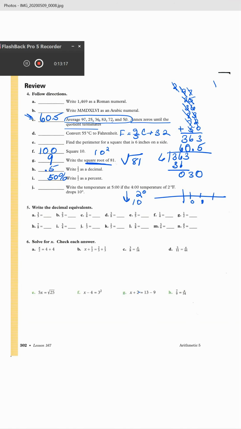So here's 1, here's 2, right? And then this is -1, -2, -3, -4, -5, and I'm going to go all the way to -8 because that's the answer. So if it drops 10 degrees from +2, 1, 2, 3, 4, 5, 6, 7, 8, 9, 10.